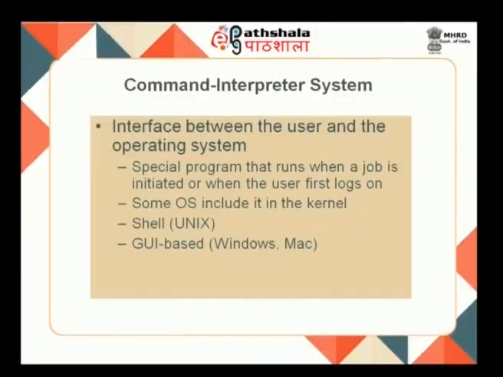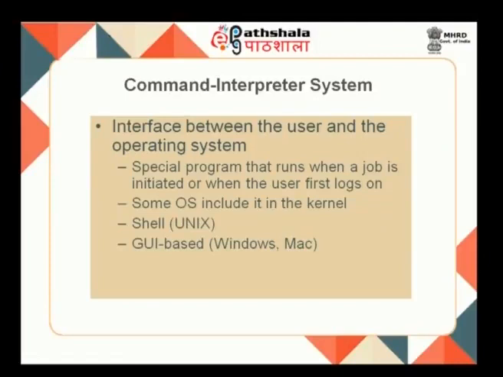And then we have the final thing, the command interpreter system. This is the interface between the user and the operating system. It can be a special program that runs whenever a job is initiated or when the user first logs on to the system, or it can be a part of the OS included in the kernel.